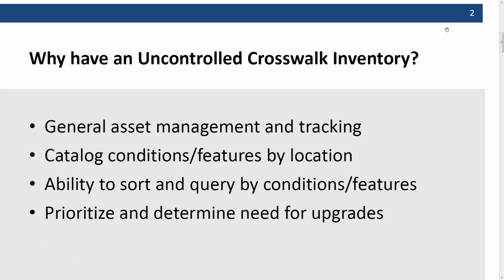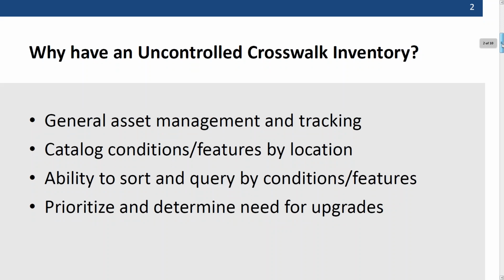All right, so the first question is, why is it important to have an inventory of uncontrolled crosswalks? For us, we've been really trying to manage all the assets that we maintain and operate in the City of LA in terms of transportation infrastructure, like parking meters, curb zones, traffic signals. As part of that, uncontrolled crosswalks were definitely on our radar.